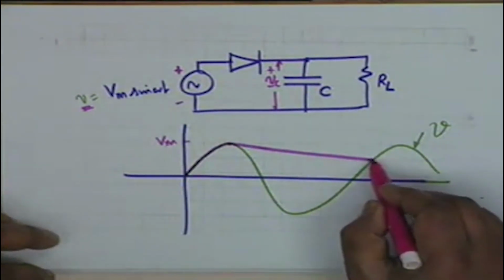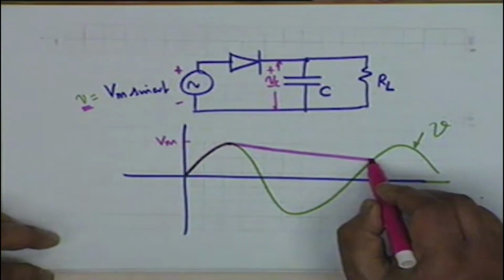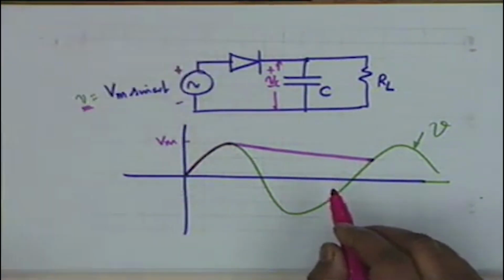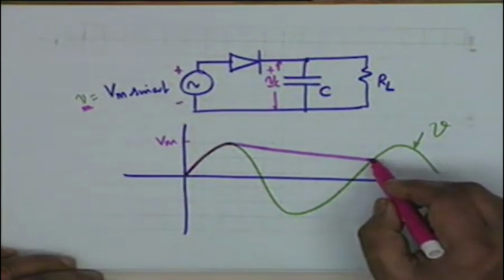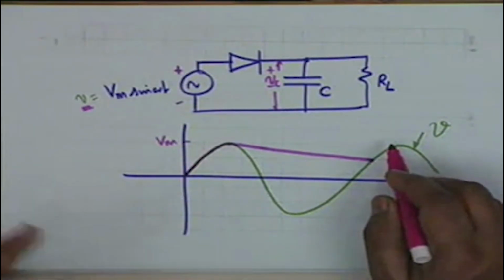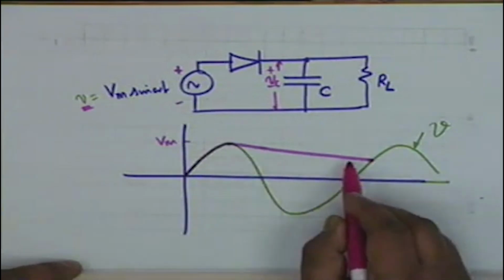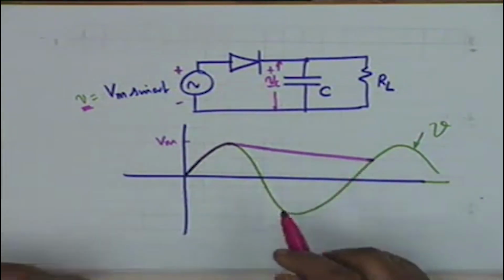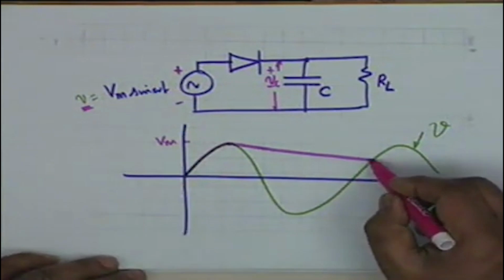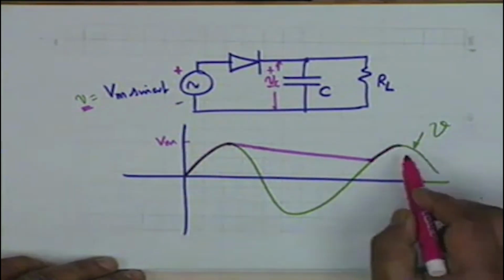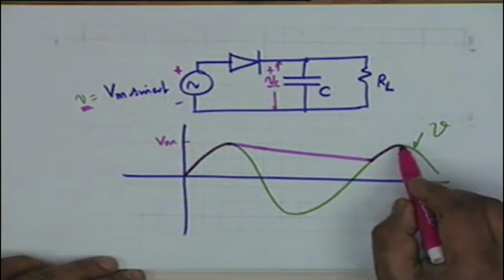As soon as the capacitor voltage reaches this point, now it finds that indeed the voltage at the anode of the diode is now increasing, and therefore the capacitor which had lost some charge now begins acquiring charge again, up to the maximum.